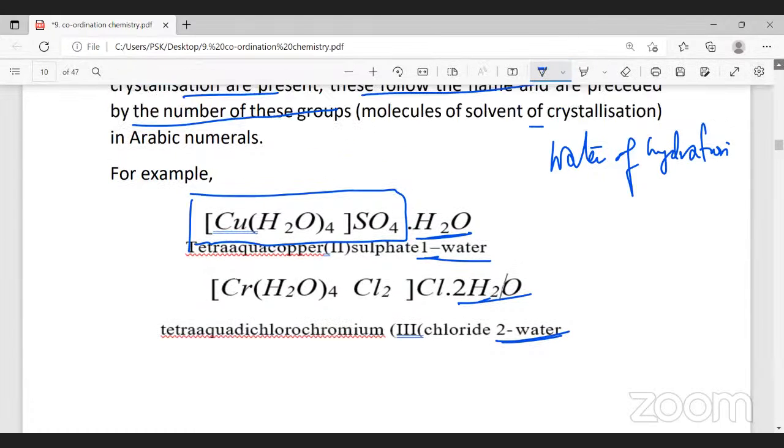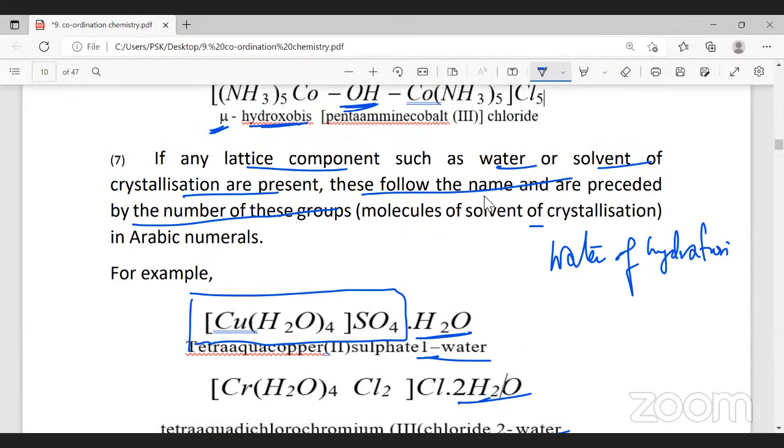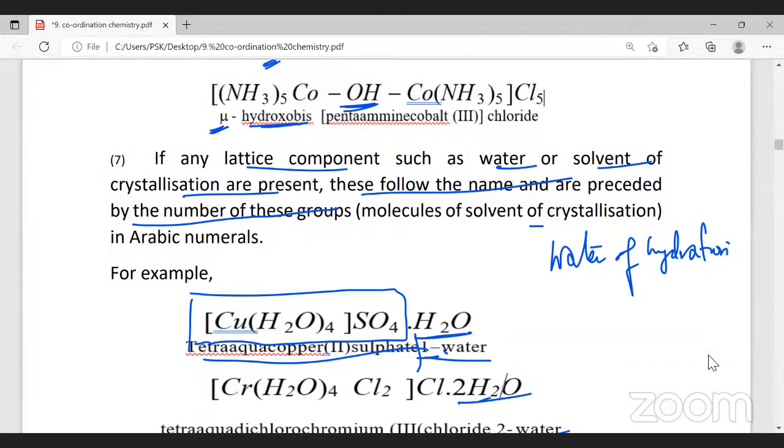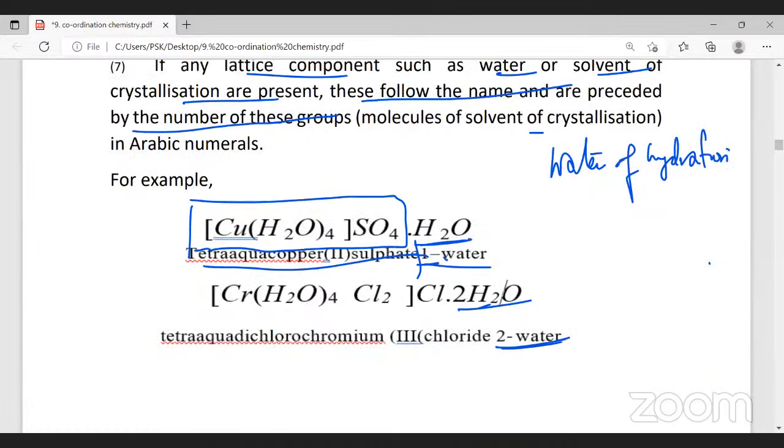So if water of hydration is present, we have to name the water outside the complex. This is the complex, this is the name of the complex, and one water molecule, so we write one water molecule. If you have two water molecules, write two water molecules. Did you understand?